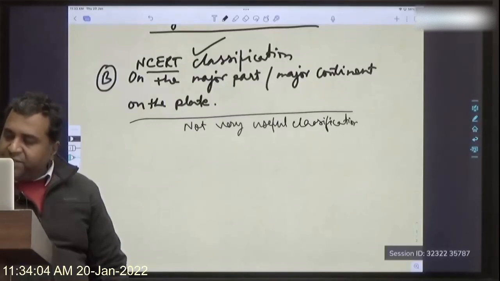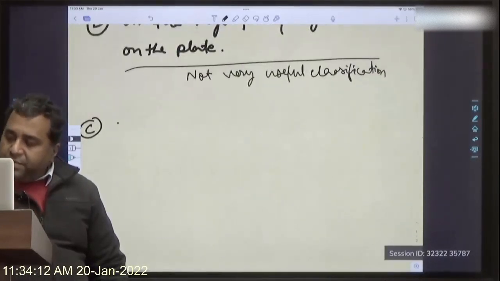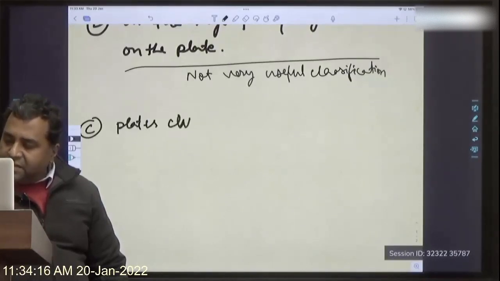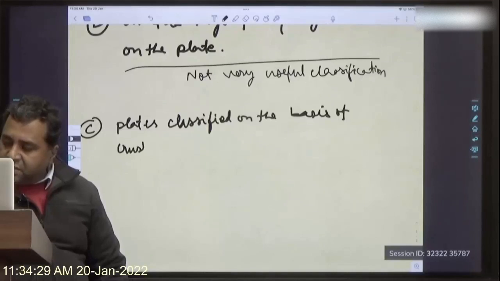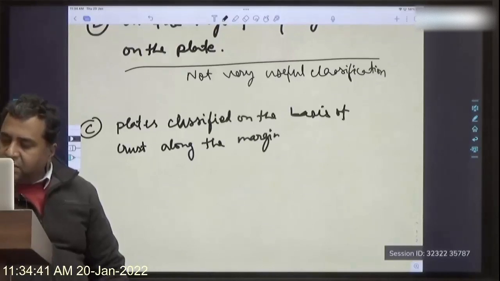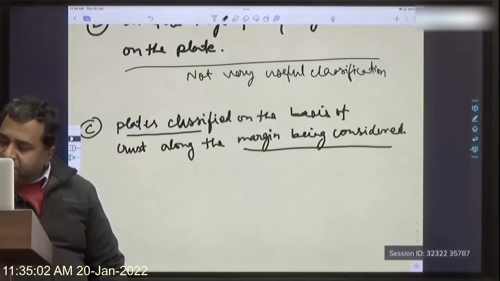Now, the most useful classification that we have is this: plates classified on the basis of crust along the margin being considered.